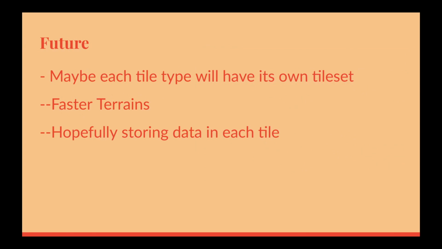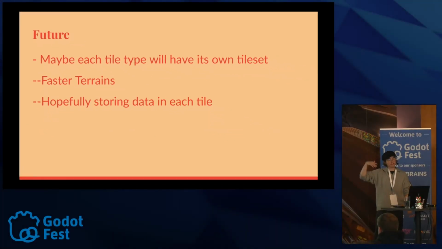So the future for tile maps, from what I heard around the block, there might be new tile sets for each tile type. So instead of just creating a tile set, you might create a terrain tile set and a scene tile set.